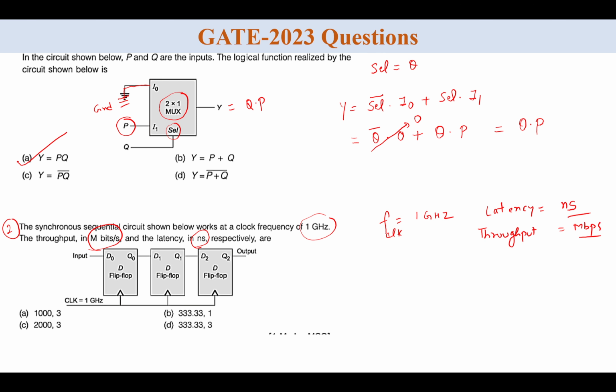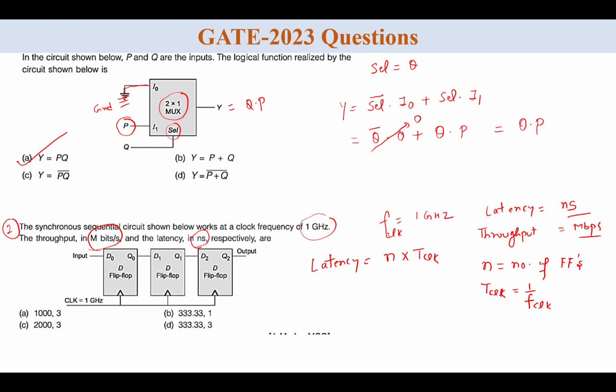We know the formula of latency. Latency is n times t clock. Here n represents the number of flip-flops. And t clock is 1 upon f clock.